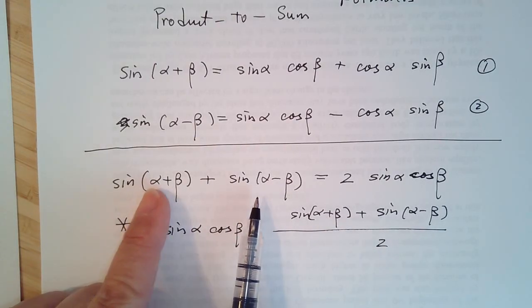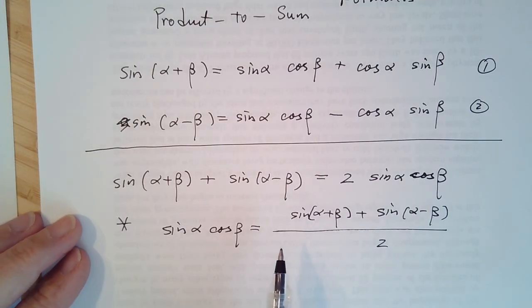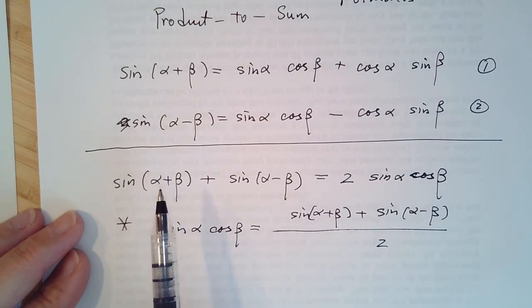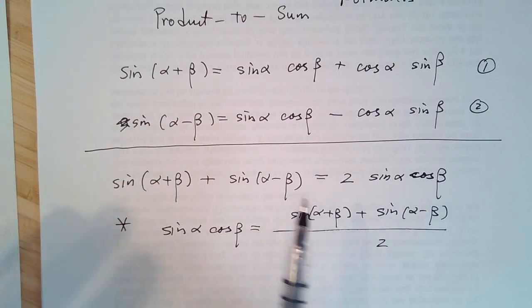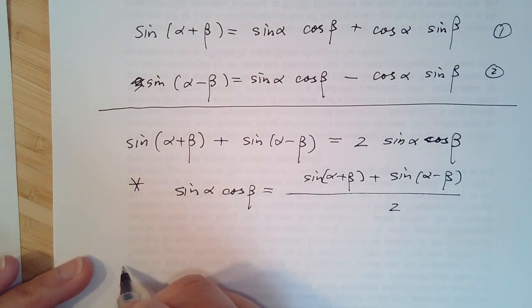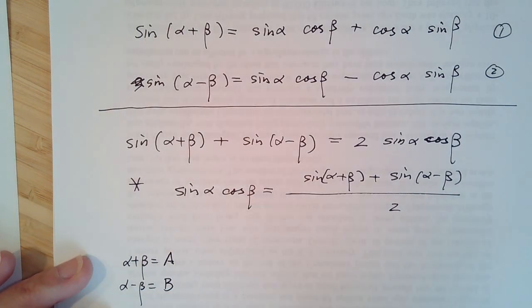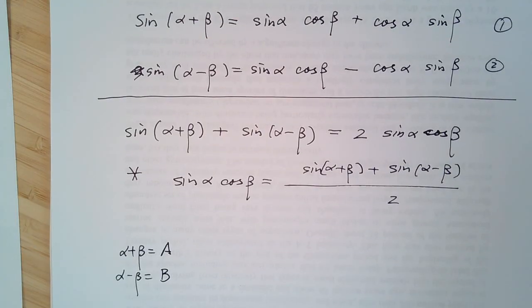And this is the sum to product. But the sum to product is not very obvious because we want to have sine alpha plus sine beta, that kind of version. So I would do this. I would let alpha plus beta equal A, alpha minus beta equal B. I just make that to be one term, okay?